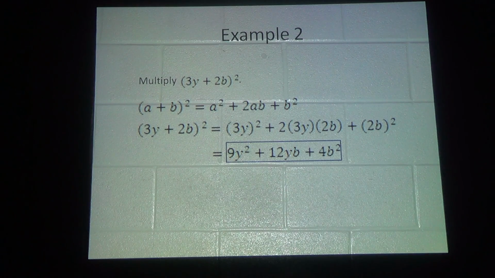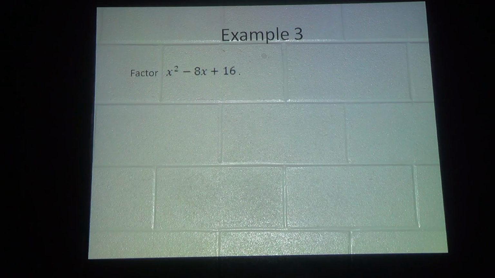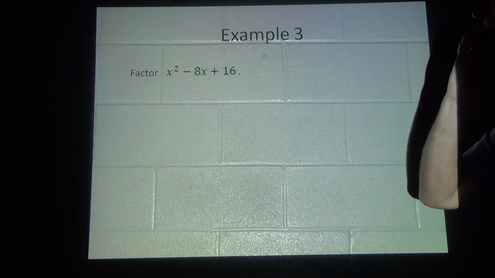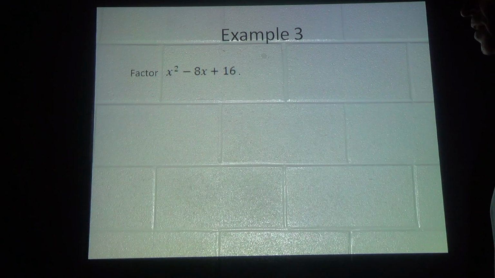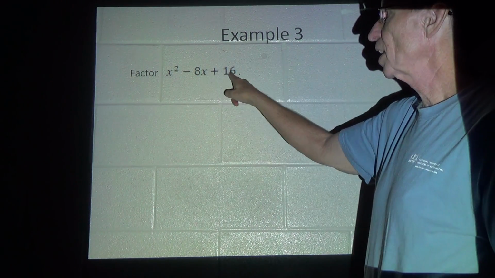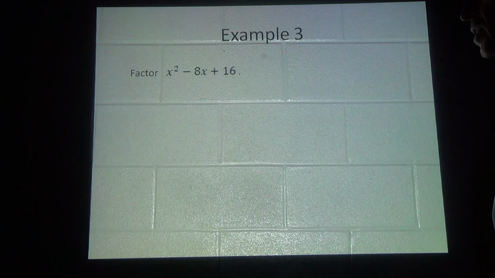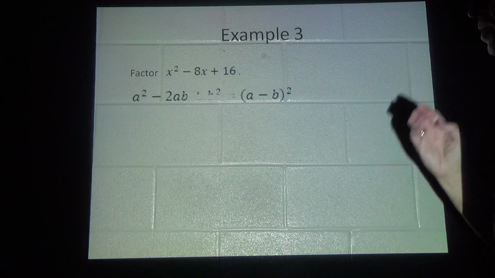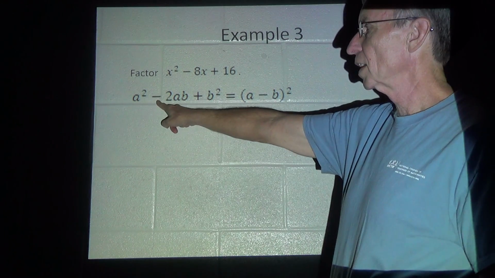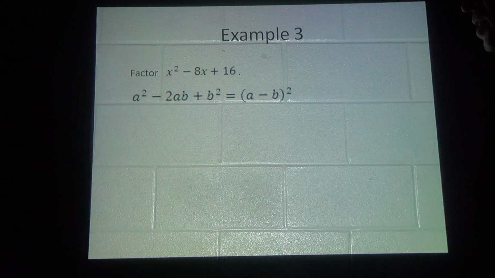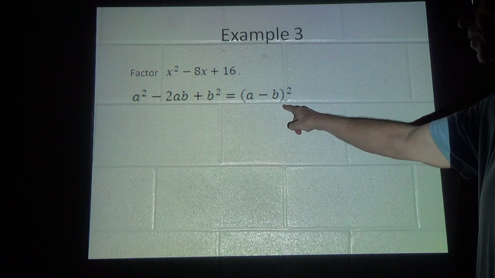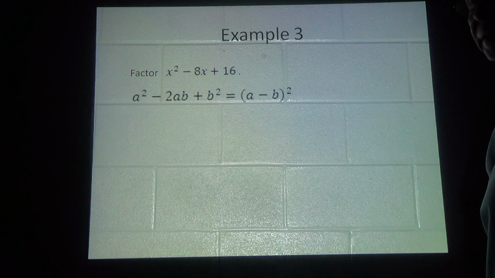Okay, let's look at example 3. They want us to factor this thing now. So this is a trinomial. Notice that this is half of this, so this means we can go ahead and solve this. We're using one of those templates. So we're going to use the negative version, which says that a squared minus 2ab plus b squared is equal to (a minus b) squared.